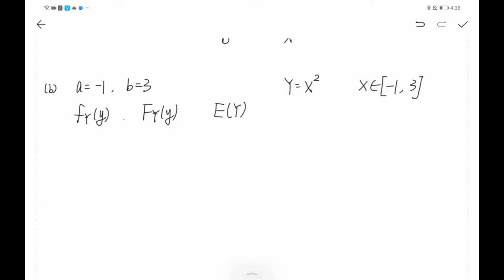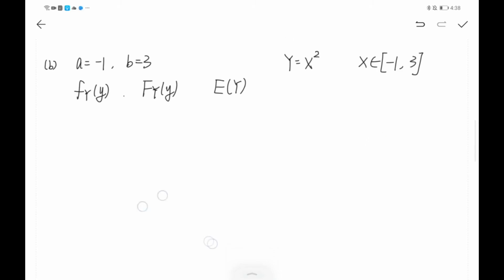So we can write part of the density function first. It's very clear that the density function equals 0 when y is less than 0 or y is more than 9.